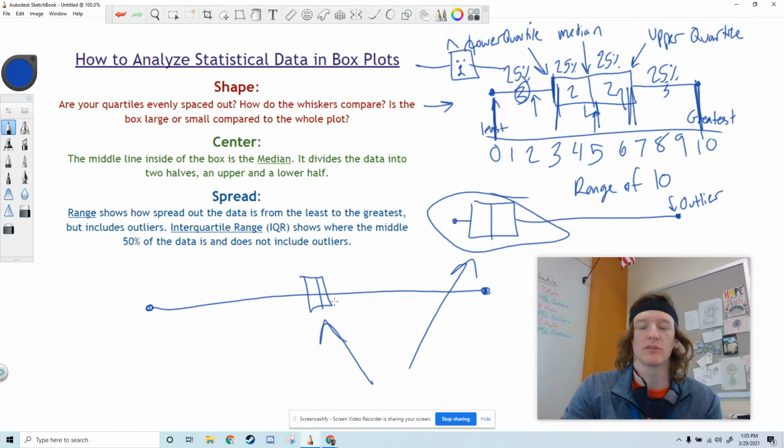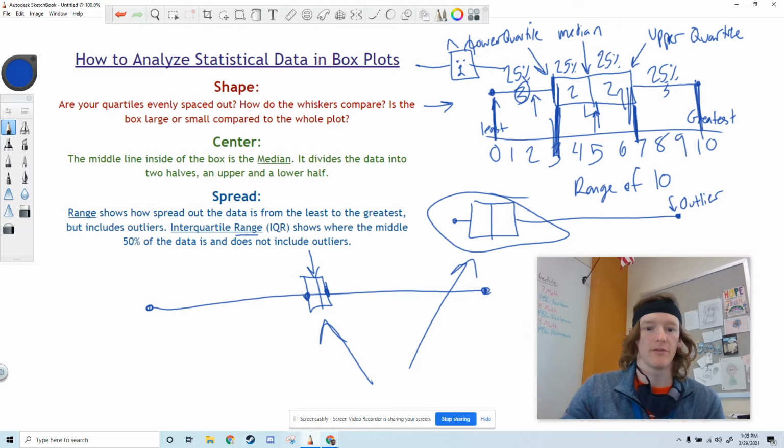It finds most of the center of our data, and it's the box, from the front of the box to the back of the box. It's the upper quartile minus the lower quartile. It is still a range, so we find the top number and subtract the small number. So the interquartile range on this one, we go from 7 to 3. 7 minus 3 is 4.